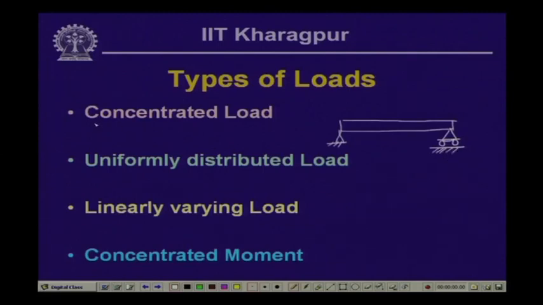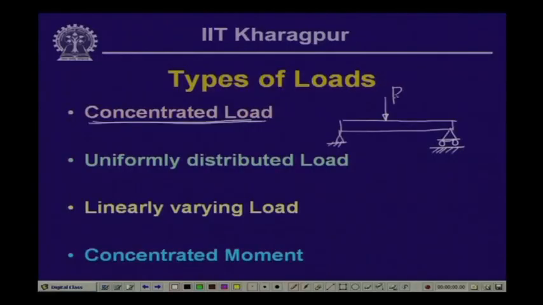Then we have designated one load which is known as concentrated load. Now, the meaning of this is that if a load acts on a very small area, infinitesimally small area, then that force or the load we call as a concentrated load, which is acting on a very small area. So, this kind of loading we call as the concentrated load.